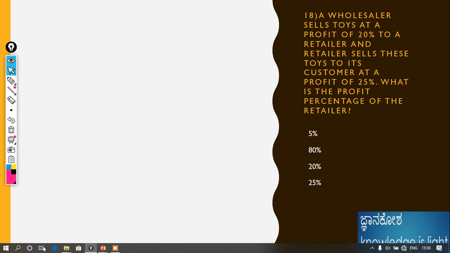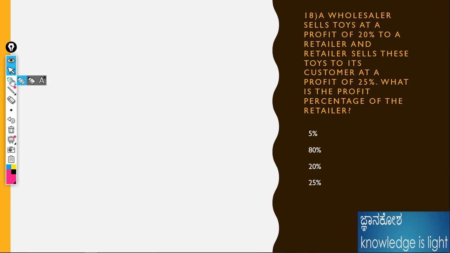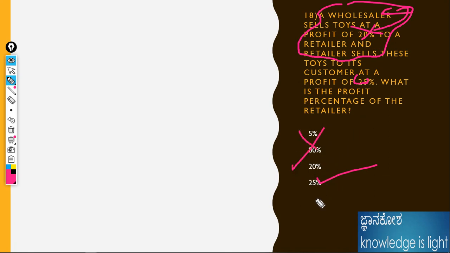Here he is confusing. The answer should be 25%. Why not the wholesaler? The relation between wholesaler and seller should be wholesaler only. Here it is the retailer. The retailer sells a product to a customer at 25%. That should be the profit, 25%. Other than that, not. 25% is the answer. We deviate the question in a descriptive manner.